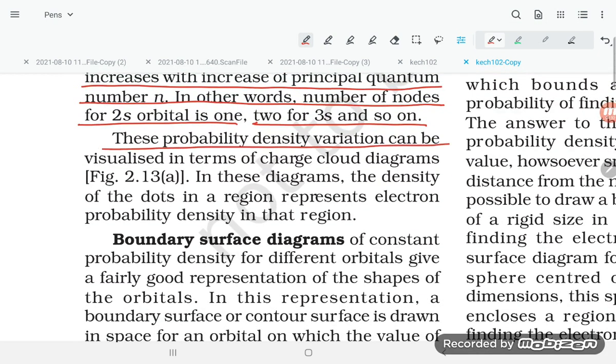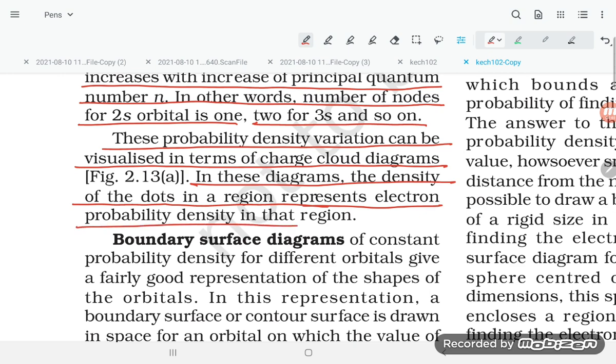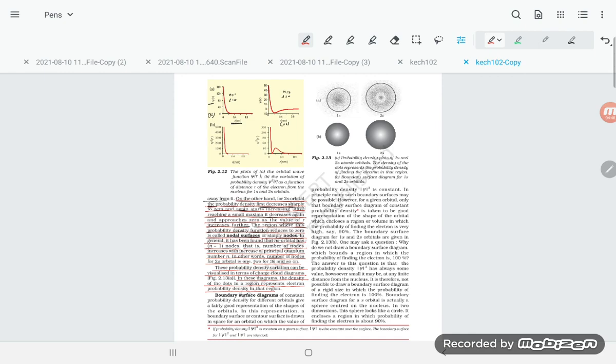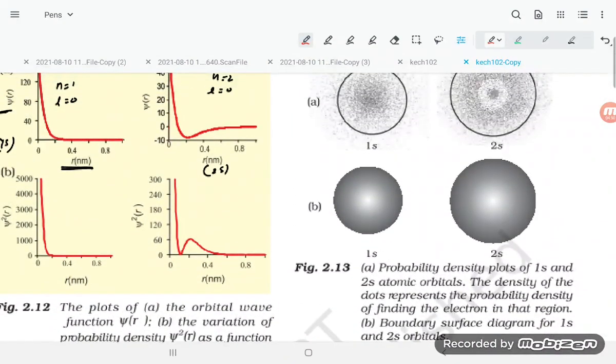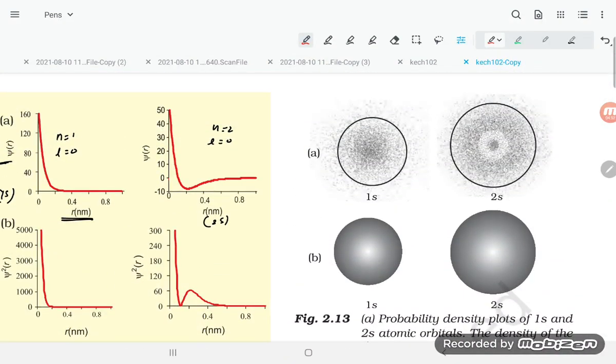These probability density variations can be visualized in terms of charge cloud diagrams. Look at Figure 2.13. In this diagram, the density of the dots in a region represents the electron probability density. So see 2.13. These dots are representing the probability density, students.